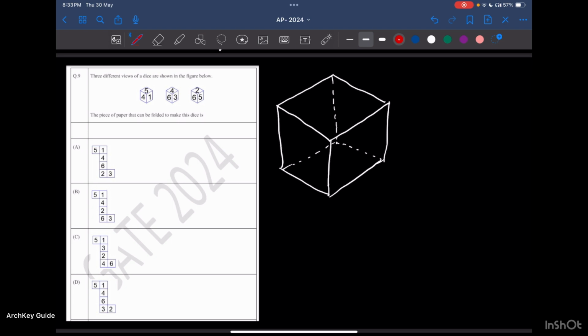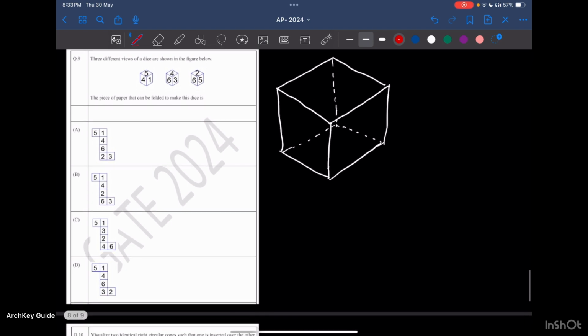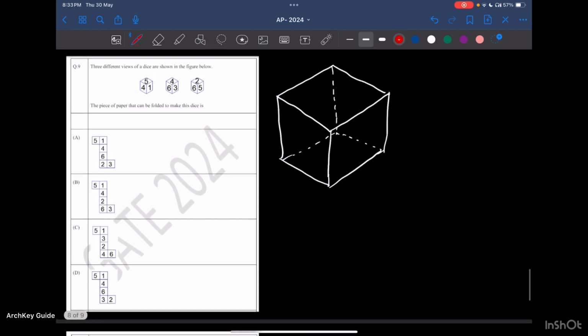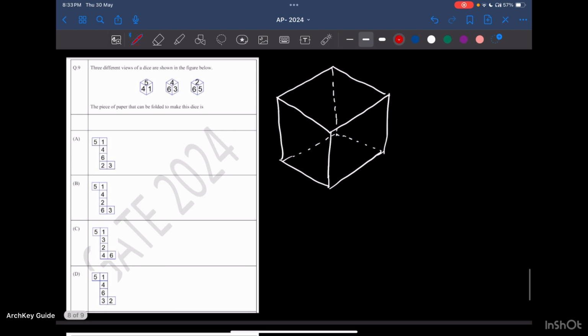So yeah, the first, what's the exact question? They are given three views of the dice, and the question is which piece of paper can be folded to make this dice. To understand this, we have to know what are the numbers on each of the sides. Starting with the first face that we are given, it's 5. Below, it's 1.